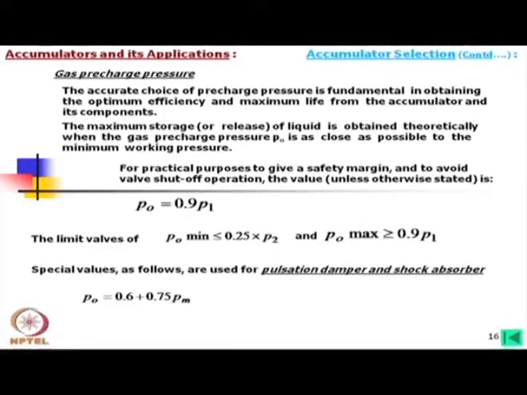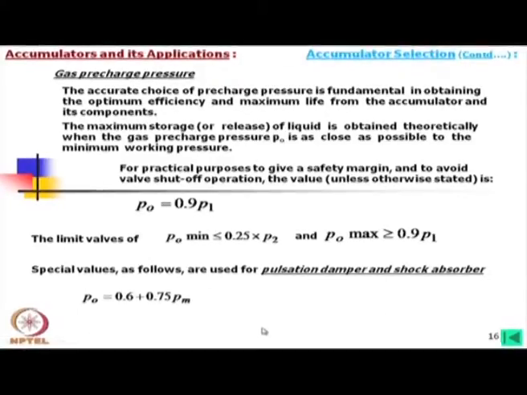Then special values as follows are used for pulsation damper and shock absorber. P0 is 0.6 plus 0.75 of Pm. I think we should look into this relation again, because this value is there without brackets. If it is an additional part, this is definitely unit sensitive.